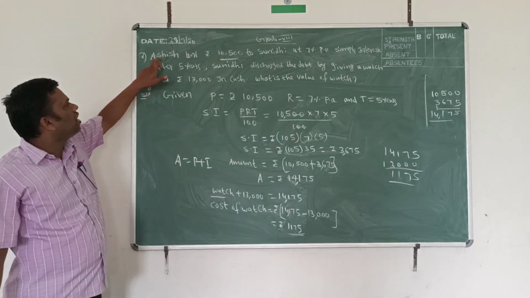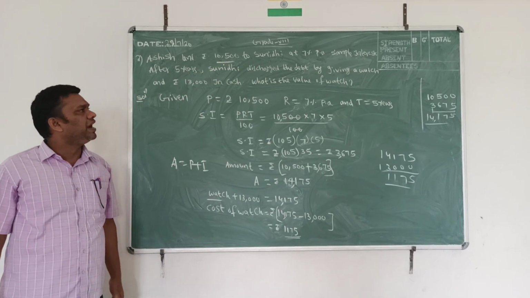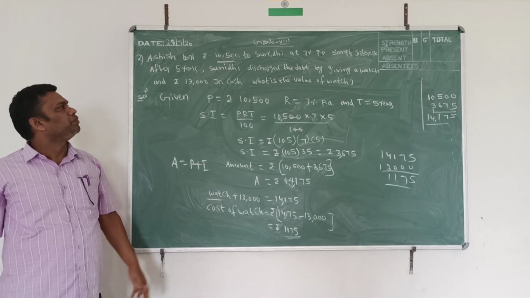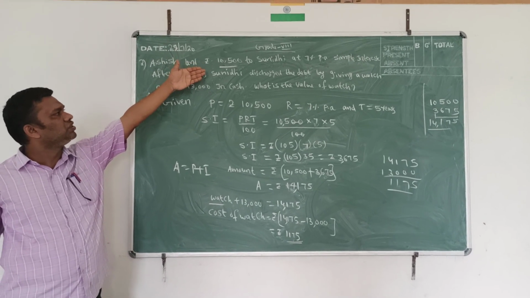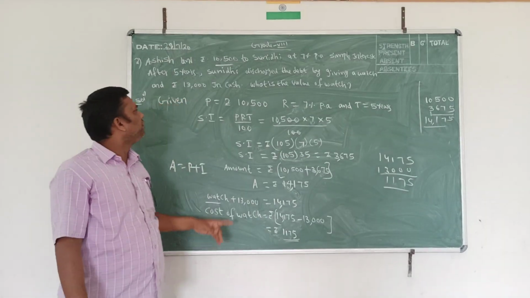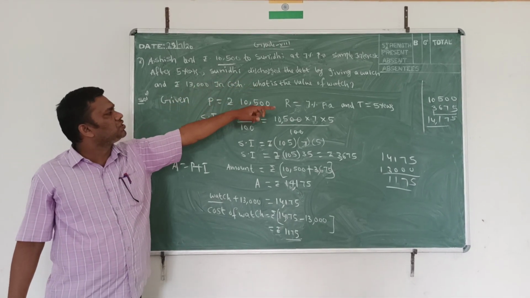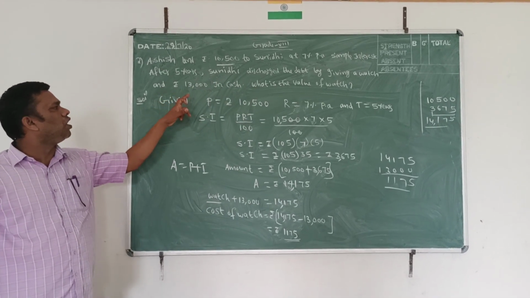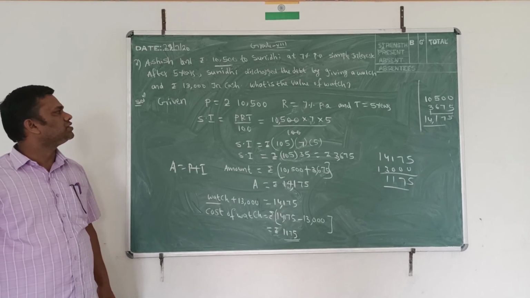See now here, Ashish lent rupees 10,500 to Sunidhi at 7% per annum, means he gave money. How much money? The amount 10,500 at 7% per annum for simple interest.